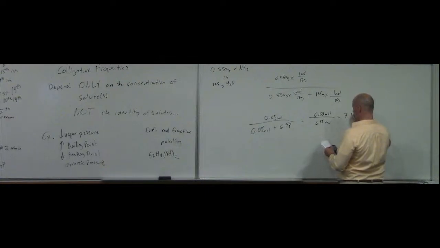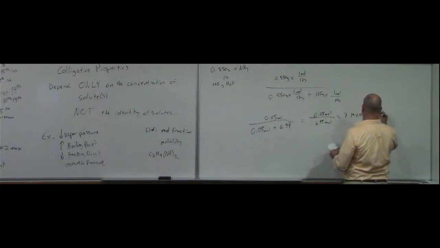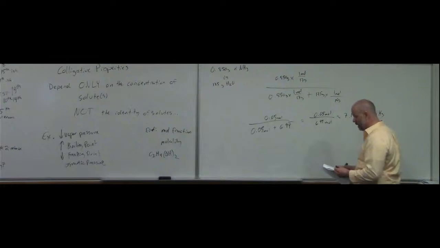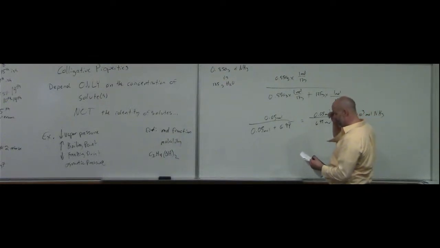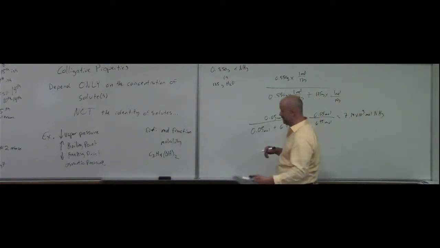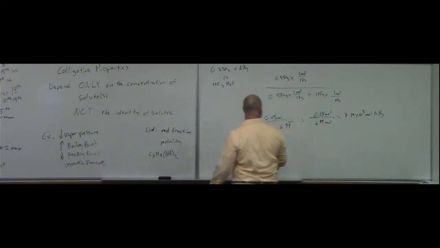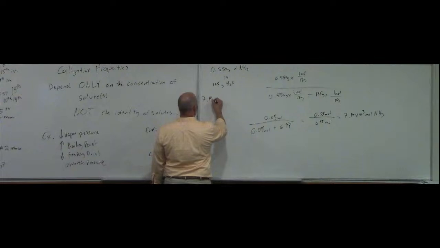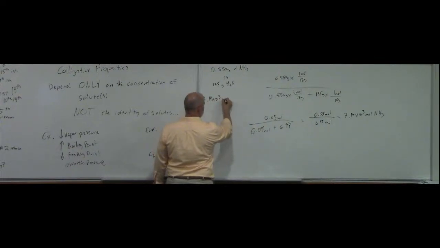We got 7.14 times 10 to the negative third moles of NH3. That's the mole fraction for ammonia. Okay, good. Now I just need to take that and find my molality. So I've got 7.14 times 10 to the negative third moles of NH3.